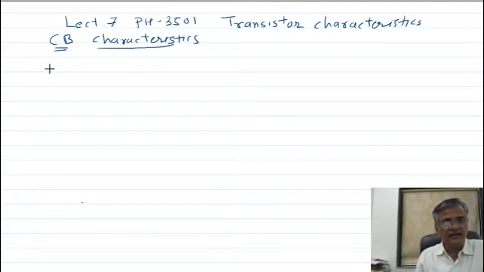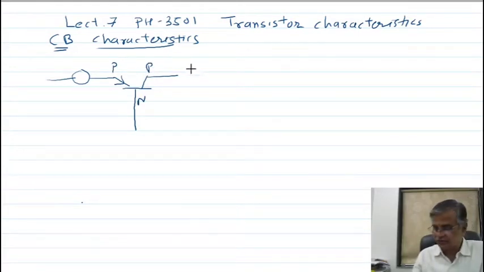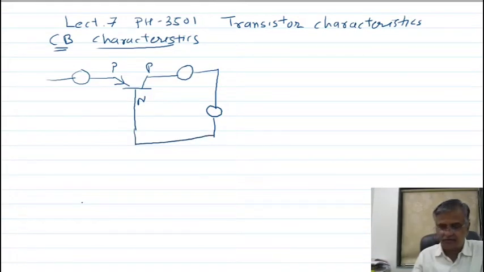The circuit diagram to obtain input and output characteristics for the common base is as shown in the figure. Just for a change, I am using a PNP transistor. Previously we used an NPN transistor. To measure the output current and output voltage, we are connecting meters.